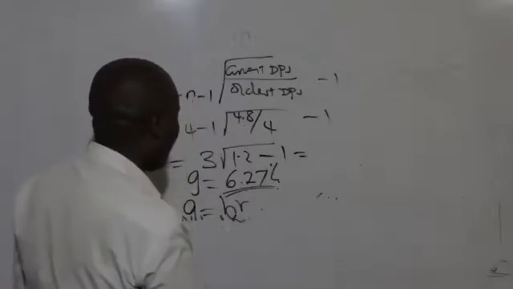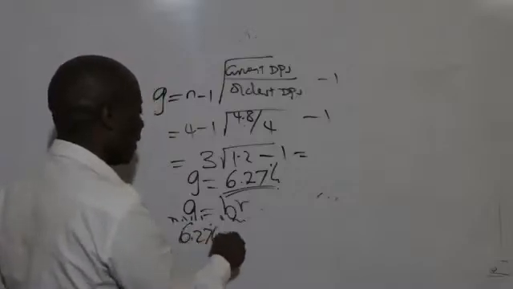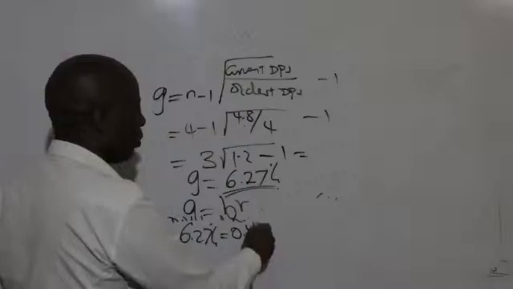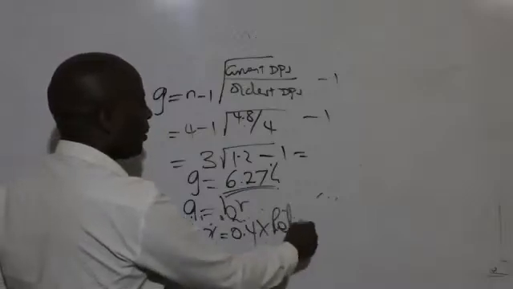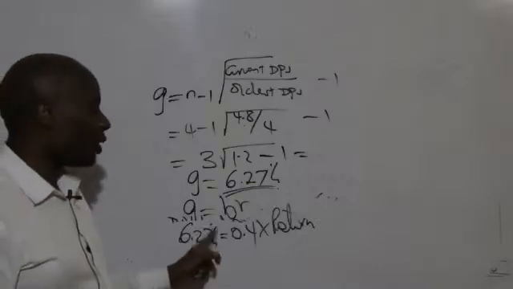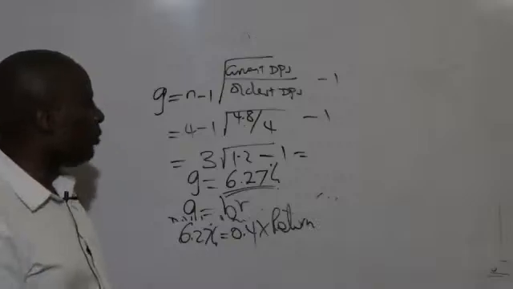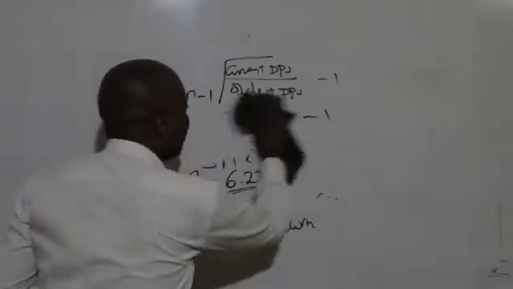So we have our growth rate. The growth rate is the one that you gave me a figure of 6.27%, equals B of 0.4 times this R, which basically is our return. Could be return on assets in most cases, or return on equity. So please make return the subject of the formula.